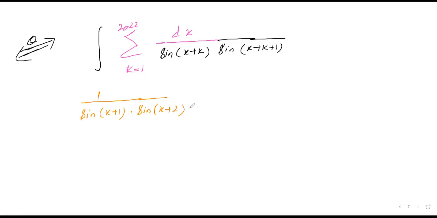And as you put k equals to, sorry, not x, so you will get 1 divided by sine x plus 2 into sine x plus 3.